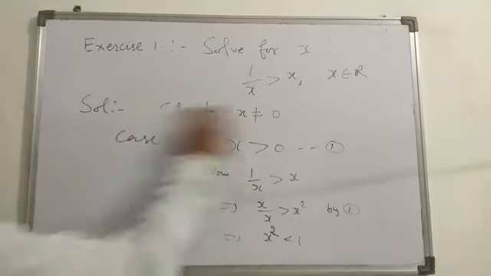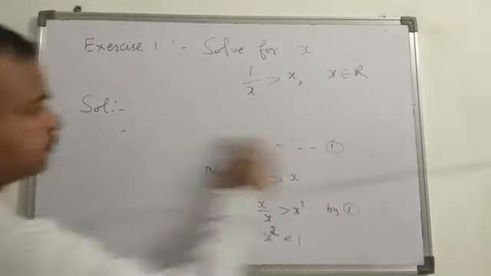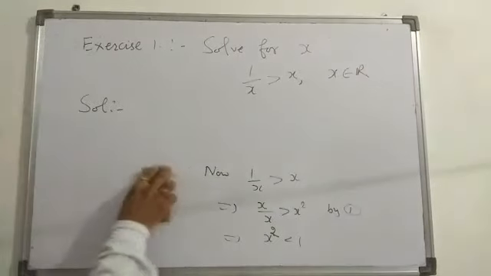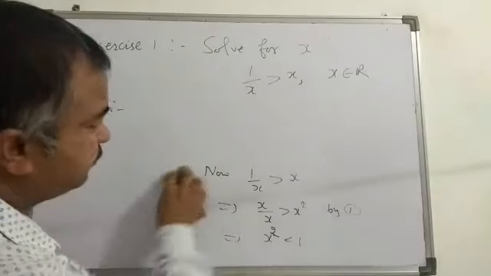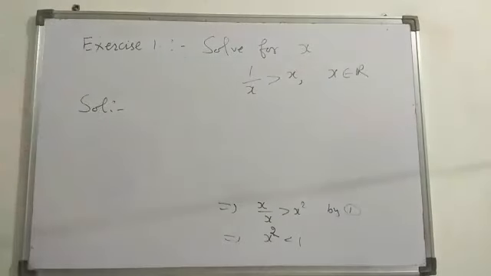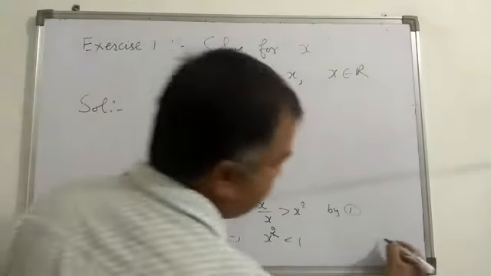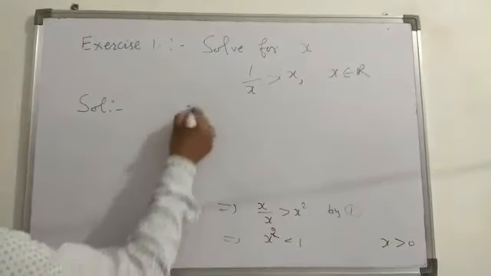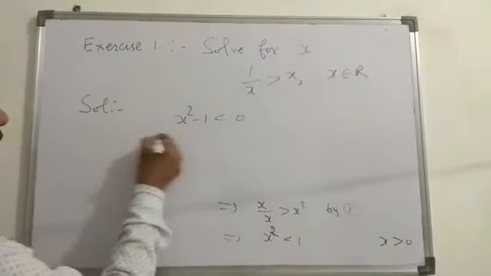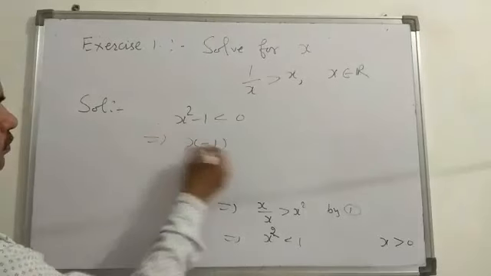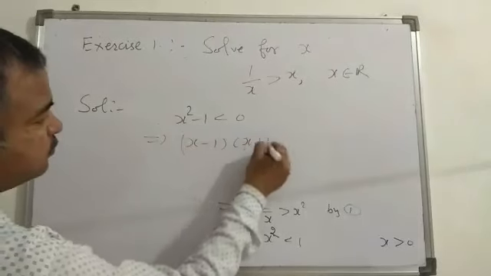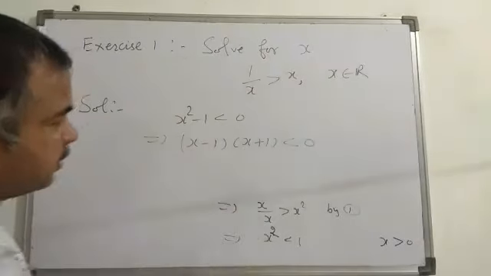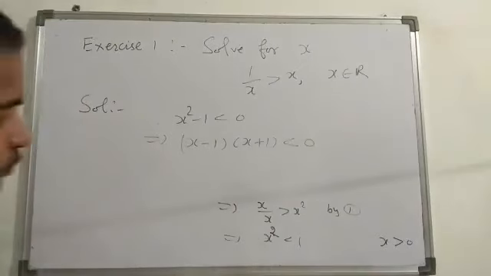So we have taken x greater than 0. So x square is less than 1 means x square minus 1 is negative, means the product of two real numbers is negative.